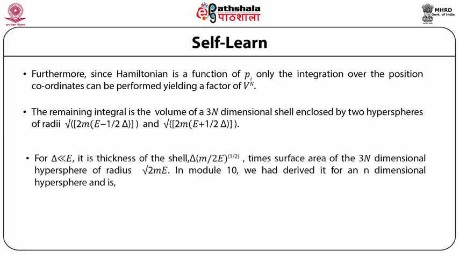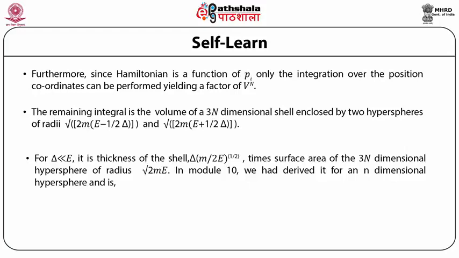For delta very much less than E, its thickness is delta multiplied by m upon 2E raised to power half, times the surface area of the 3N dimensional hypersphere of radius square root of 2mE.